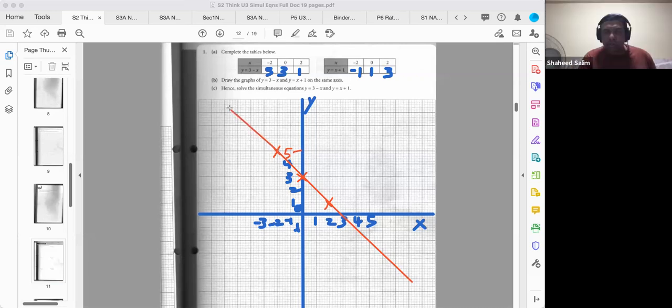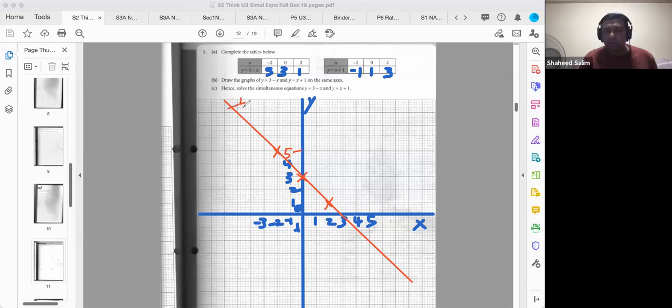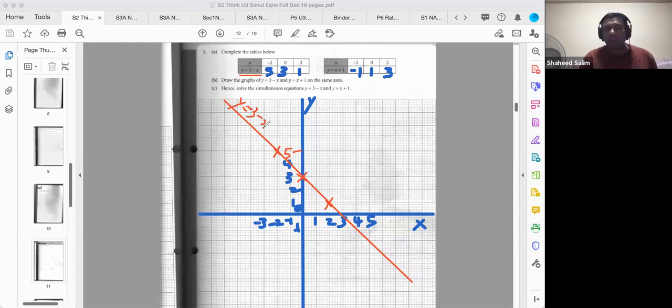What do you call this? It is called an equation. What do you call this equation? Y equals to 3 minus x. So now, remember I gave you something down there. Y equals to what? The generic formula. You copy it down already.